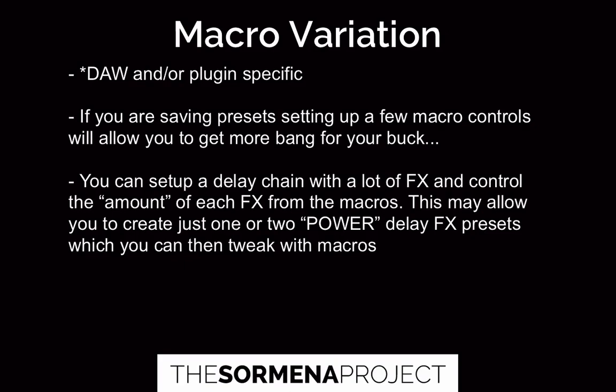And so you could have a macro that's controlling the dry wet of a chorus, but it's also controlling the mid-band of an EQ. It's also controlling a filter. So a macro can be set up to move a lot of parameters all at the same time.